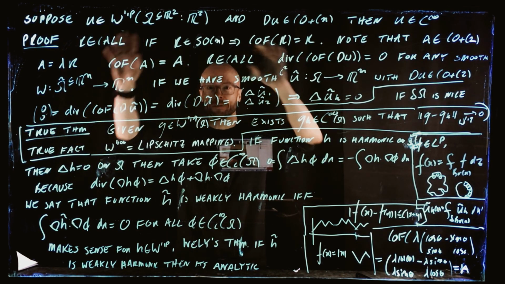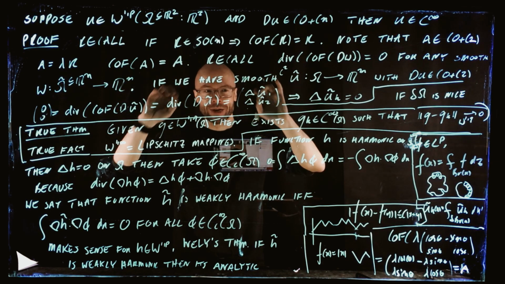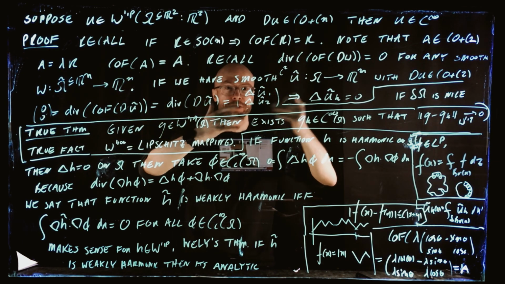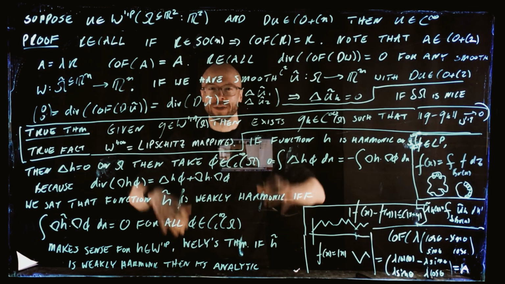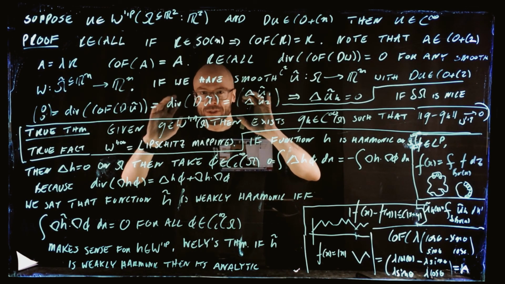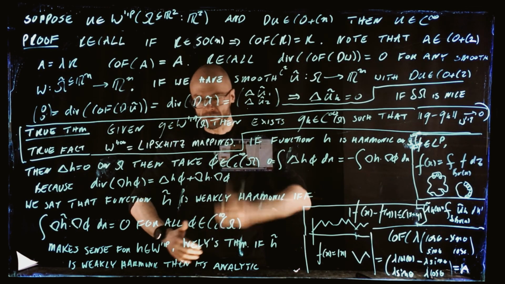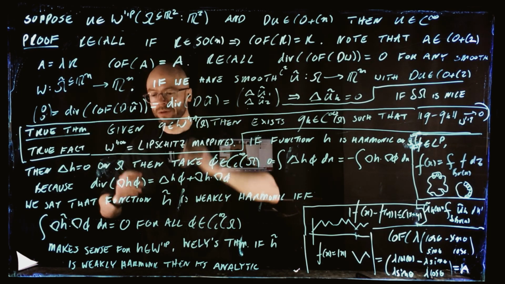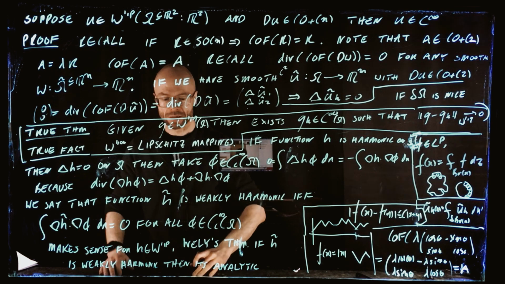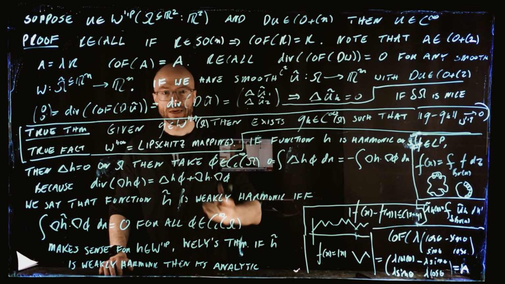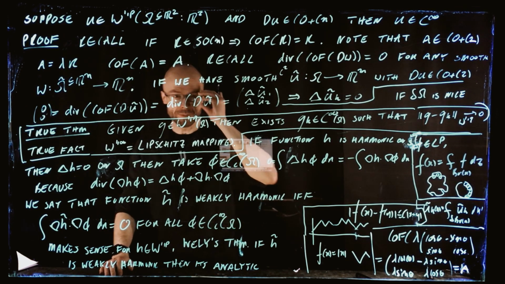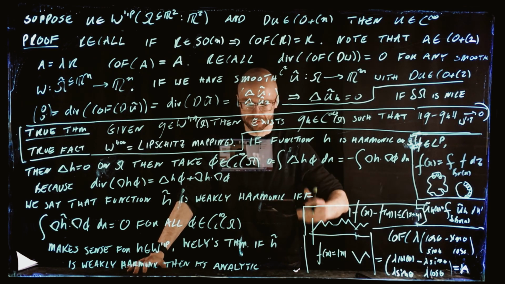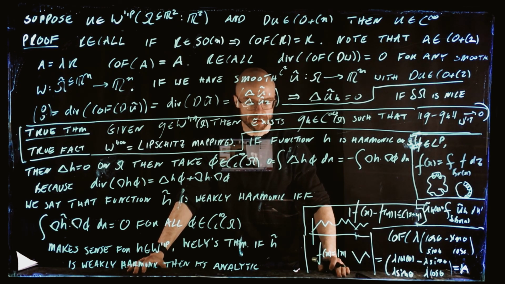We can't do this directly because we can't differentiate twice, since we only have one derivative. But nevertheless, use these components and try to force the coordinates of your function u to be weakly harmonic in this sense, and then you're done. Give that some thought, see if you can come up with the proof, and I'll complete this on Monday.